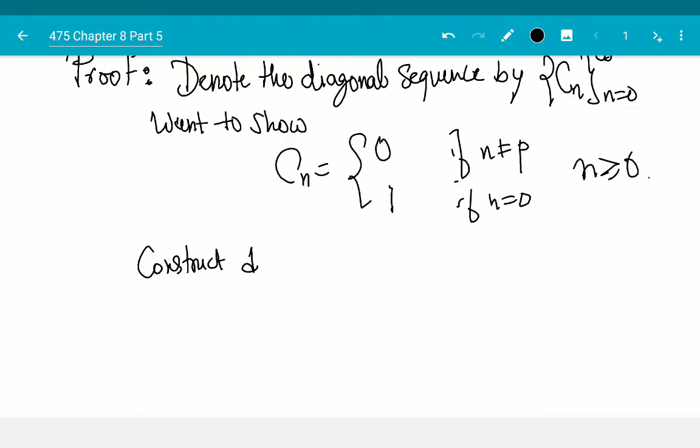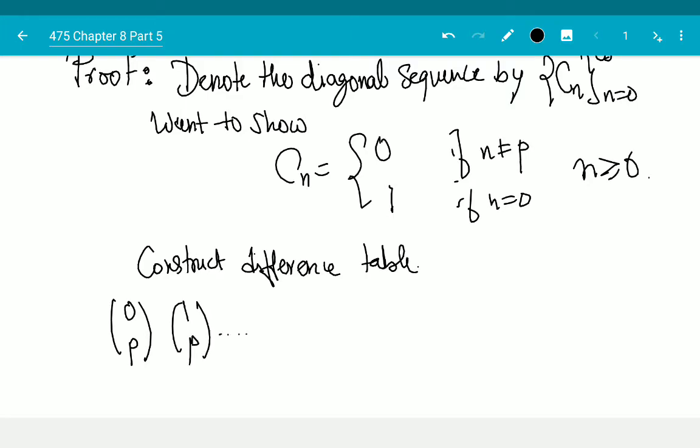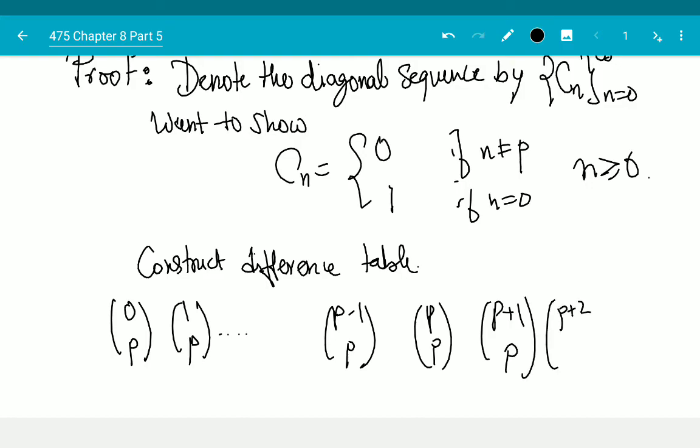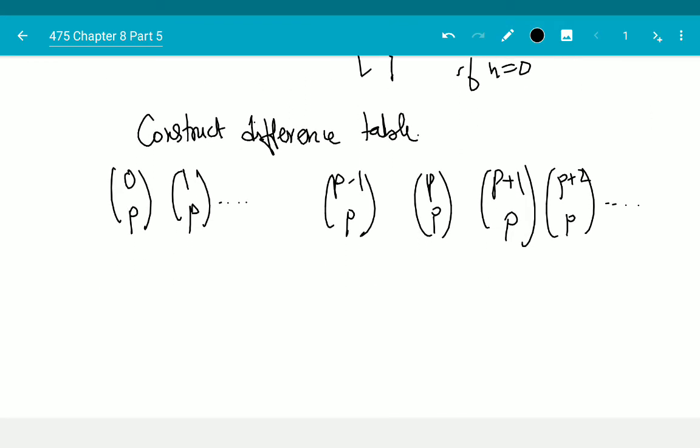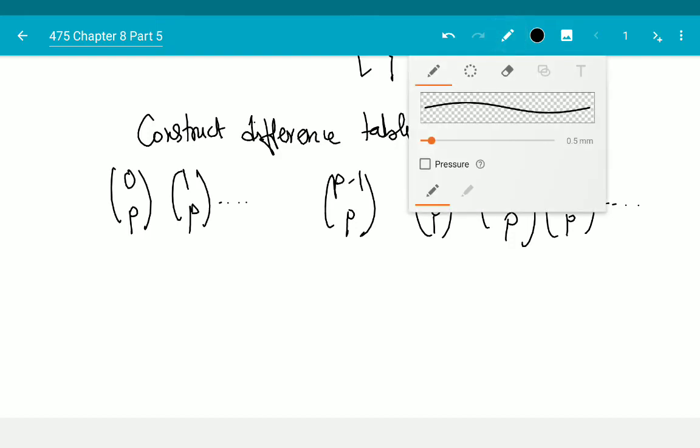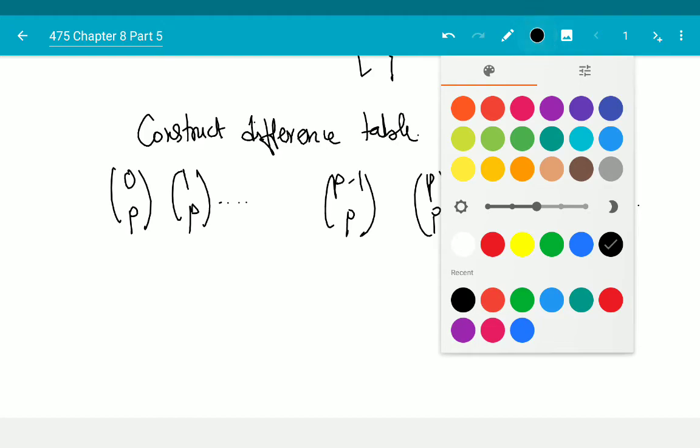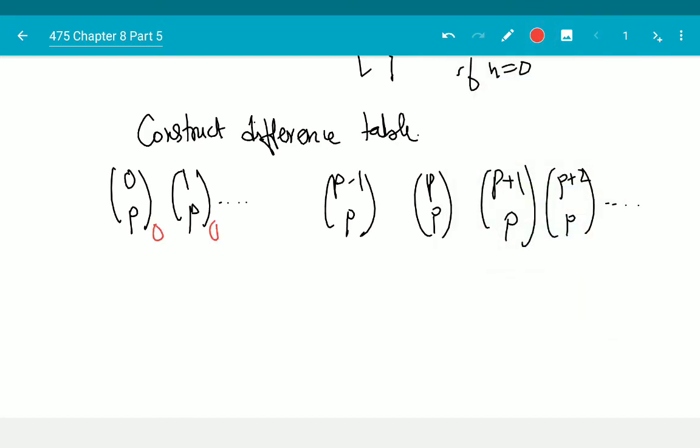Construct the difference table. What is it going to look like? 0 choose p, 1 choose p, dot, dot, dot, p minus 1 choose p, p choose p, p plus 1 choose p, p plus 2 choose p, dot, dot, dot. Right? Now, an important thing to keep in mind is that, let me write the values in red for this one. Again, all of these are 0.